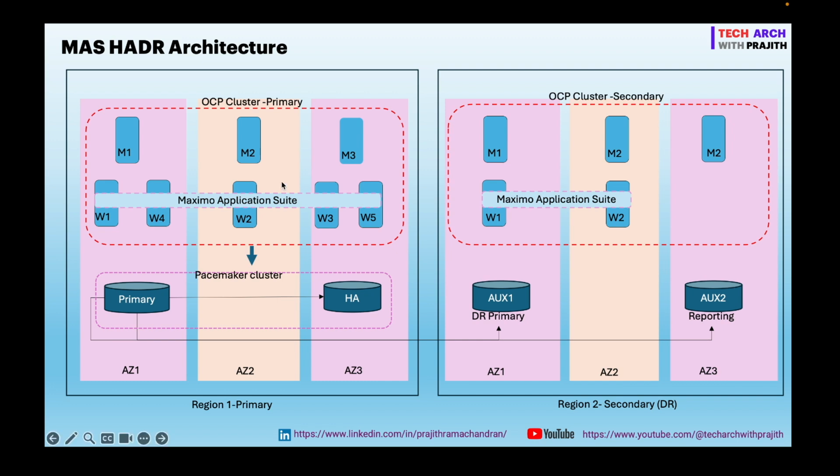But if you remember the application's JDBC URL, in the normal case we point to an IP address or a domain name for the database server. In an HADR case, you have to make sure you use an overlay IP. How the overlay IP is configured is a little bit of a complicated topic for the future, but you just need to understand it's like a common name which sits between primary and HA.